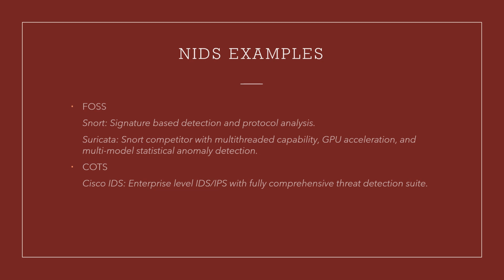And then for our commercial off-the-shelf example, we have Cisco IDS, which I'm sure almost everyone has heard of before. This is an enterprise level intrusion detection system or intrusion prevention system with a fully comprehensive threat detection suite.